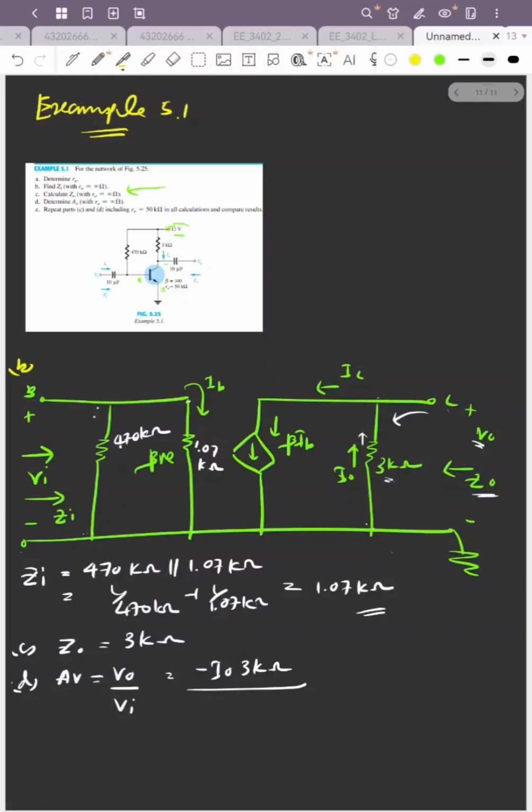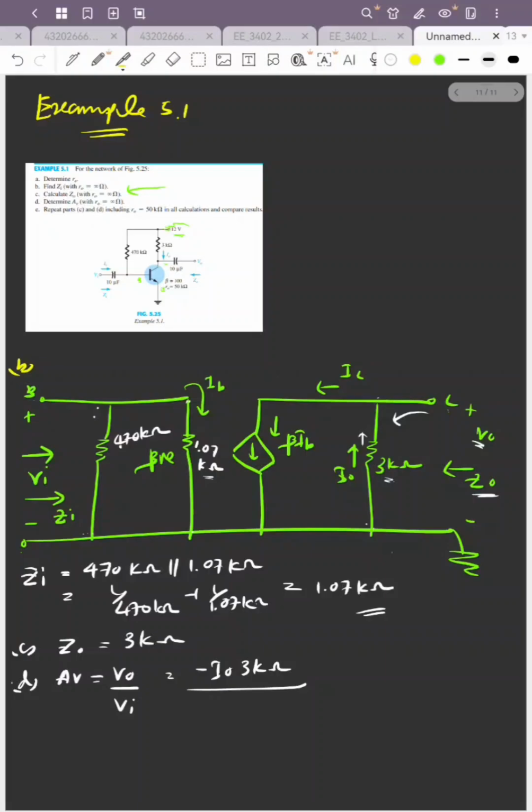Over, what is VI? While finding the VI, we only consider this 1.07 kilo ohm, because compared to this 1.07 kilo ohm, this 470 kilo ohm is much bigger.